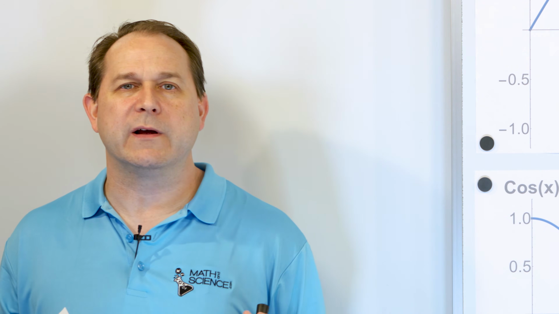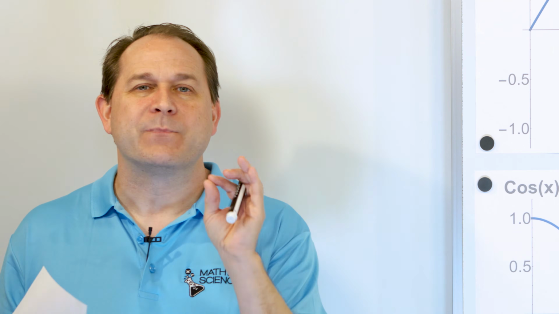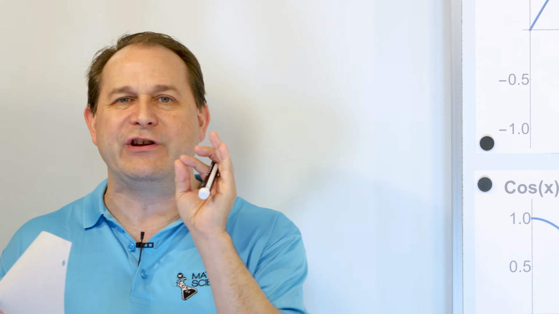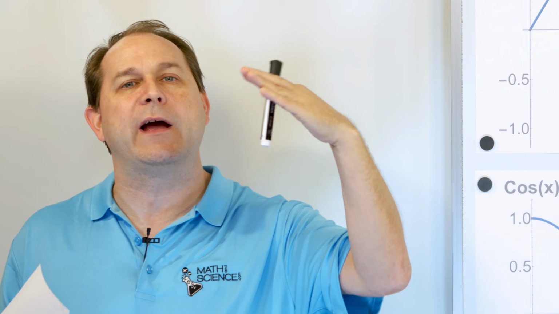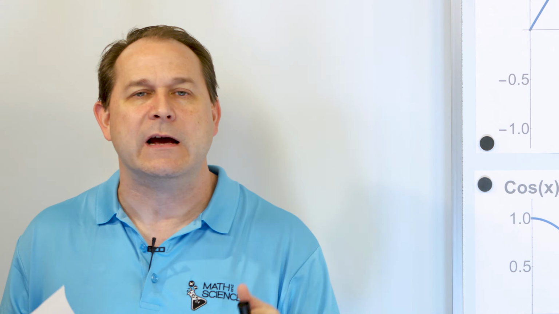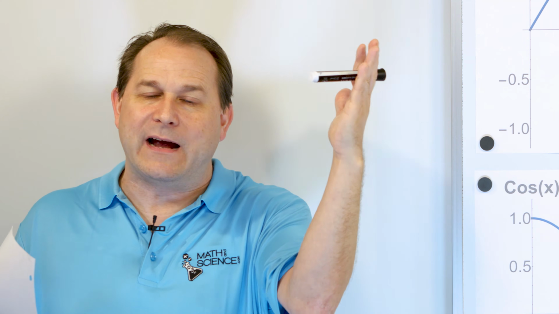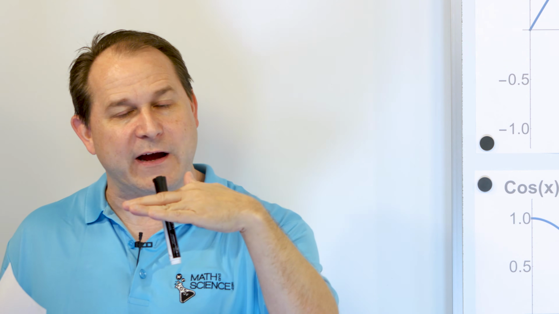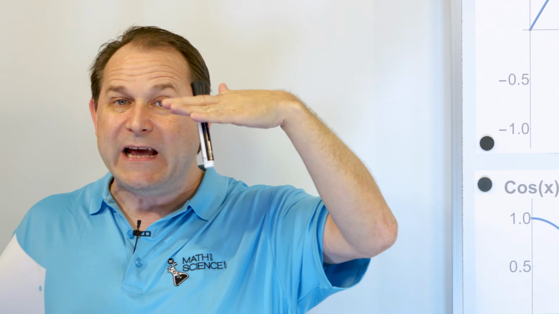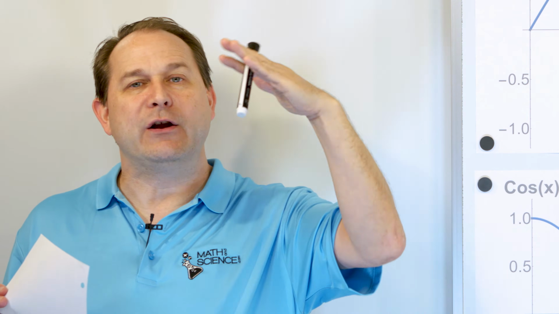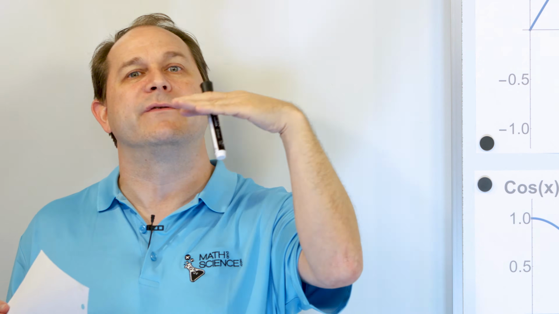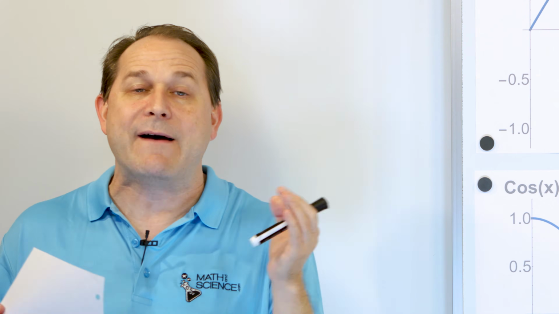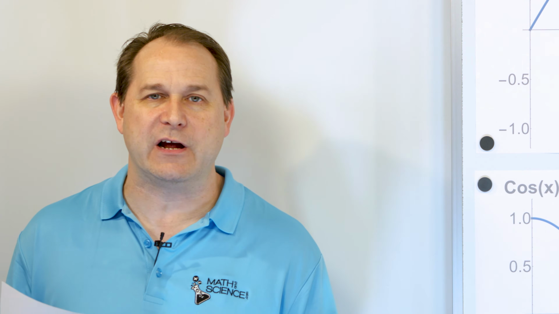I'll write it on the board in a minute, but the reason why is because if you remember back to what the tangent is, it's the opposite side of a right triangle divided by the adjacent side. But in the unit circle, the opposite side of the triangle is what we call the sine of the angle. And the adjacent side of the triangle in a unit circle is what we call the cosine. So opposite over adjacent, sine of the angle divided by the cosine of the angle. And we have a new name for that. We call it the tangent of an angle.